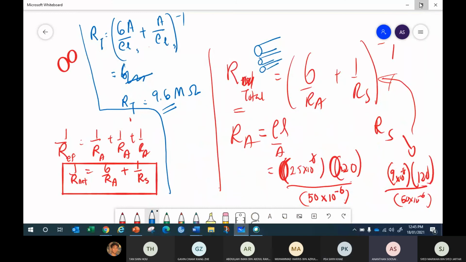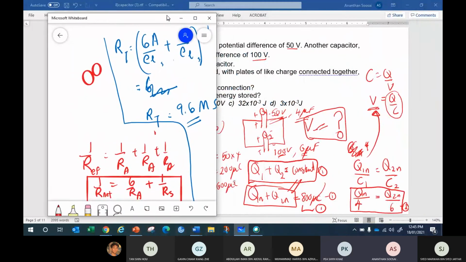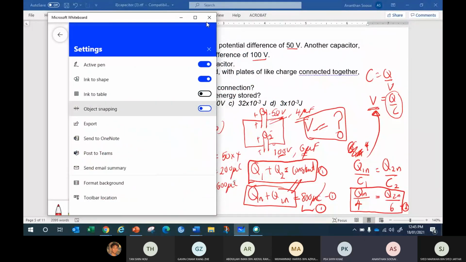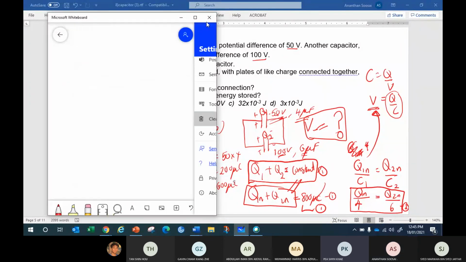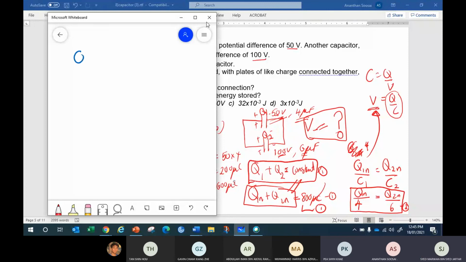Okay, let me show here. Q1n over 4 equals Q2n over 6, second equation.